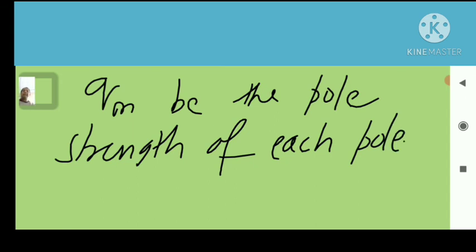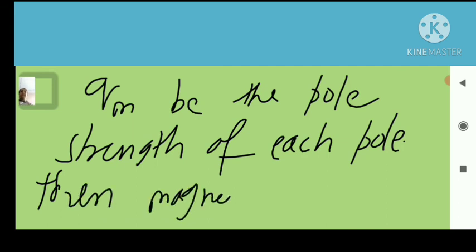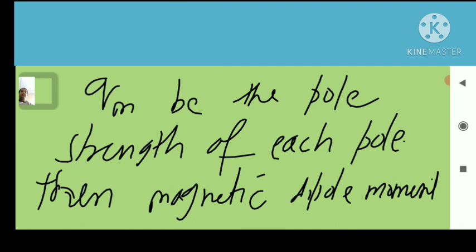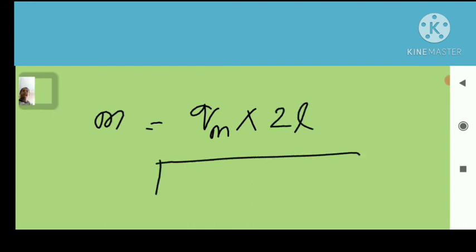Then the magnetic dipole moment, which we represent by small m, is QM, the pole strength of either pole, times the distance between both poles, that is 2L.